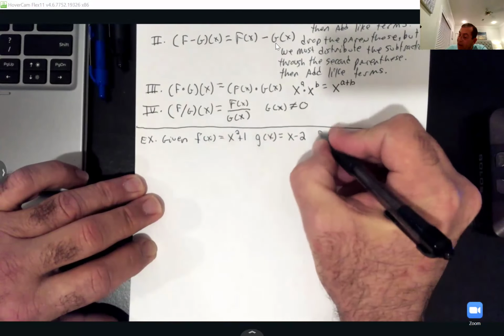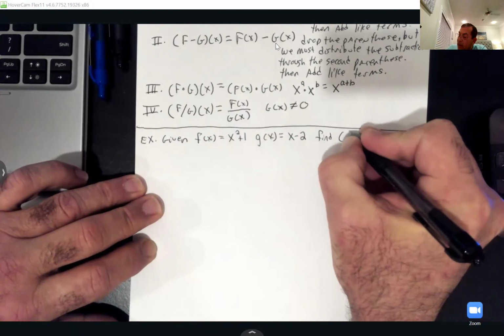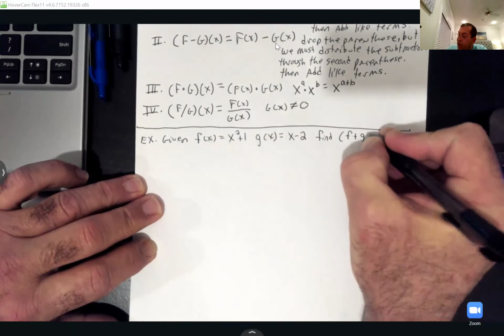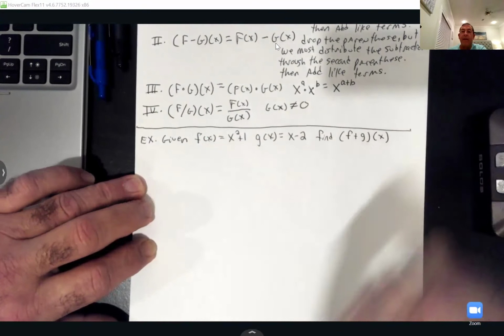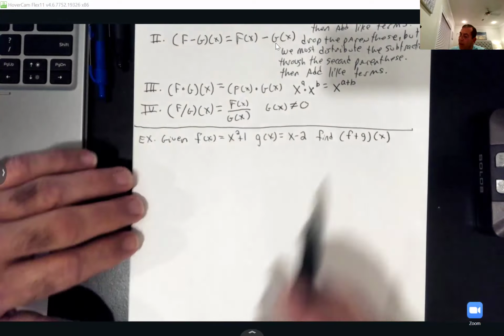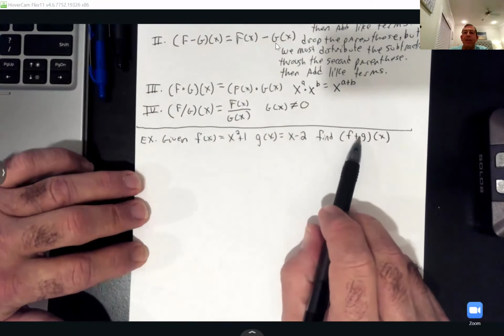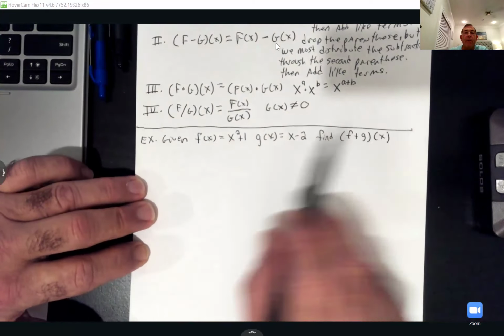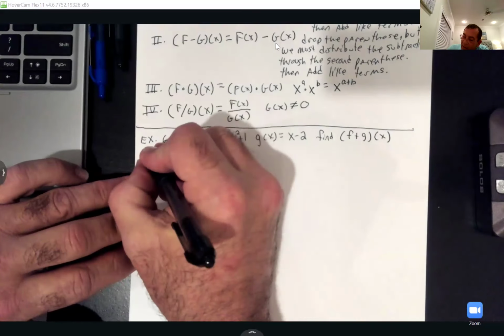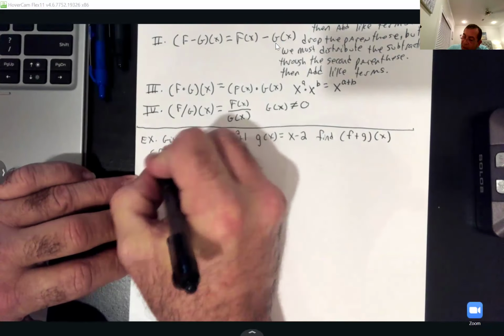They want me to find f plus g of x. So they want me to find the sum of these two functions. So I'll always start out with my f plus g.